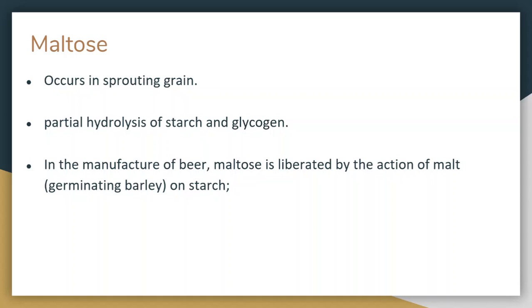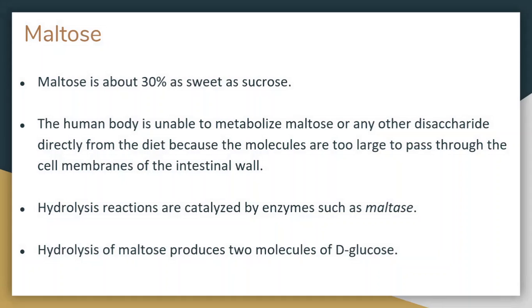What is malt? Actually it is germinating barley. While making beer, alcoholic beverages, it is produced from germinating barley, because there are enzymes present which act on the starch and produce maltose.